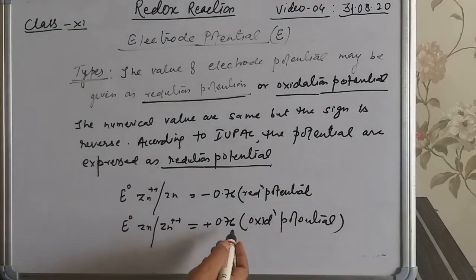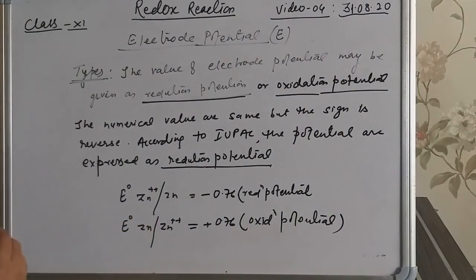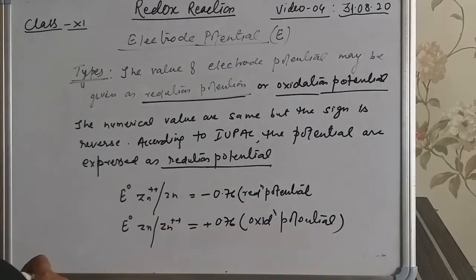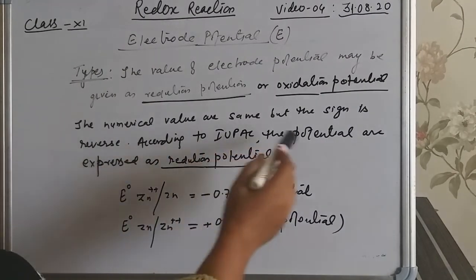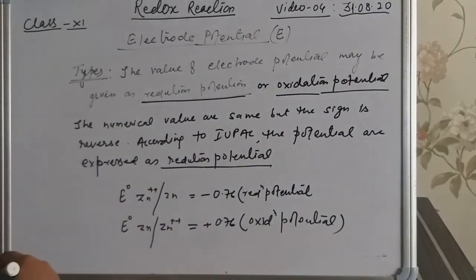Oxidation potential is the negative of reduction potential. So according to IUPAC, potentials are always expressed in terms of reduction potential.